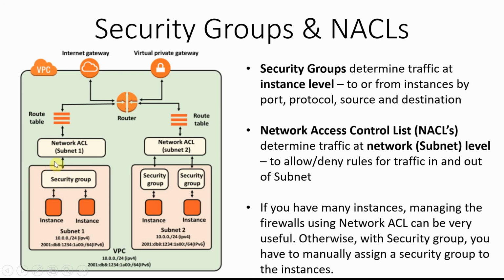Whereas NACL, the network access control list, is at the upper level, at the network or subnet level. So security groups determine traffic to or from instances, where you tell what port, what protocol, and what the source and destination should be.